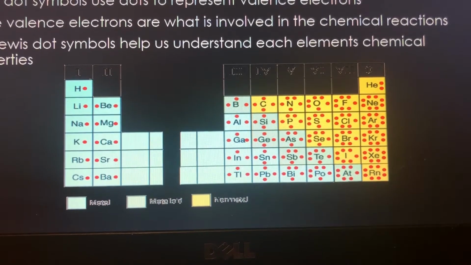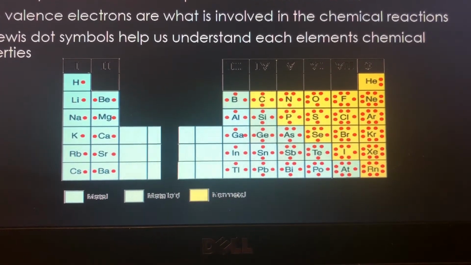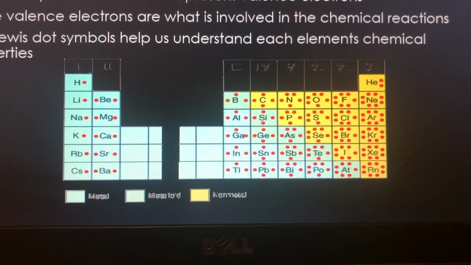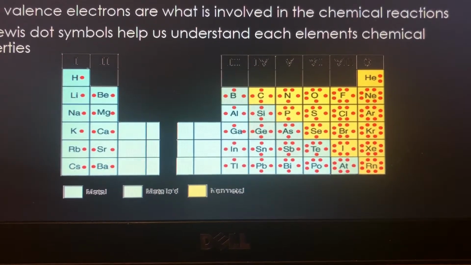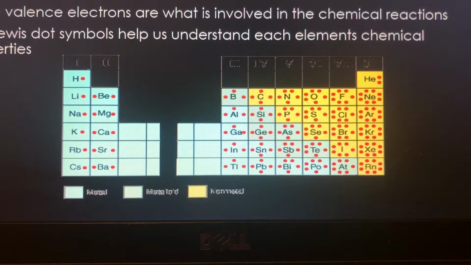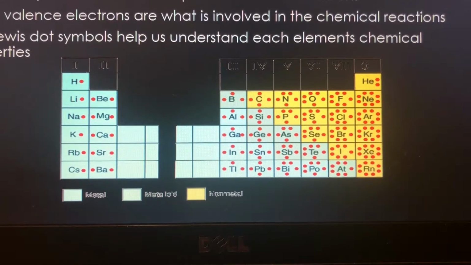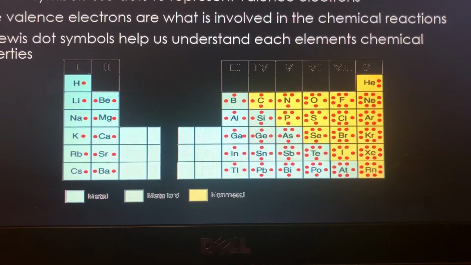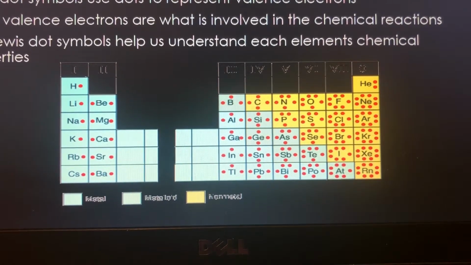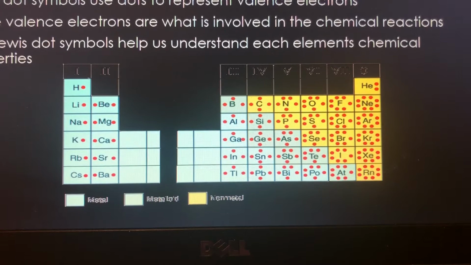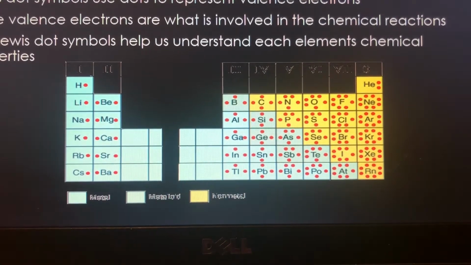If we were given the element oxygen and asked, how many valence electrons does oxygen have? What would our answer be? The answer would be oxygen has 6 valence electrons because it is in group 6.